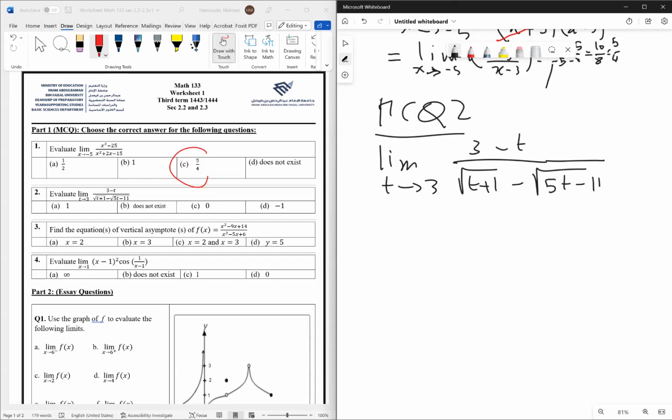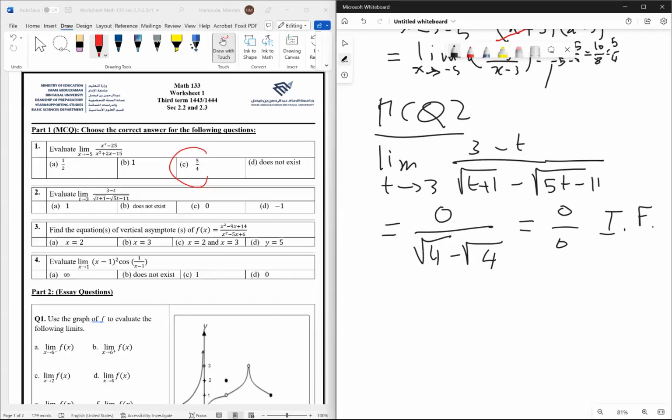As usual, we substitute t by 3. So in the numerator, it's 0. And in the denominator, root 4 minus root 5 times 3, it's 15 minus 11. So again, 4. So clearly here we will get 0 over 0, which is indeterminate form.